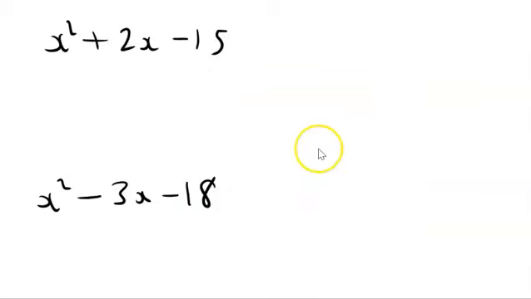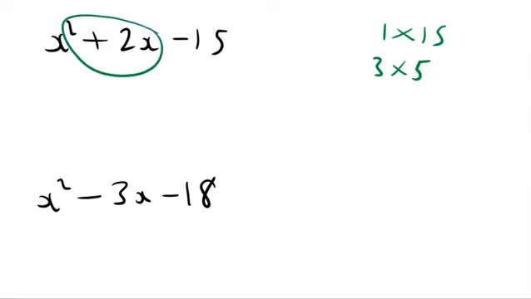Now the last 2 types, with a minus sign at the end. Again, write down 1 times 15, 3 times 5. The gap has to be 2 now, not the sum, the difference. So 3 and 5 have 2 as a difference.